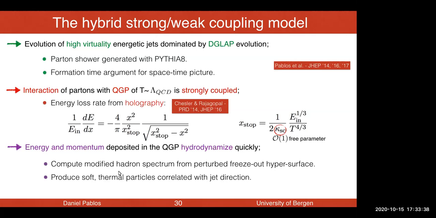We will also compute the modified hadron spectrum that comes from a perturbed freeze-out hypersurface. The energy and momentum that the jets deposit in the plasma will of course contribute to the jet observables because they are correlated with the jet direction. Even if you subtract the background, you will still have a signal coming from this. We will have a look into it later on.